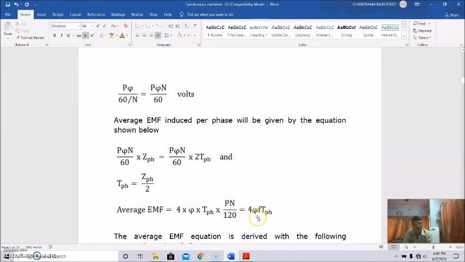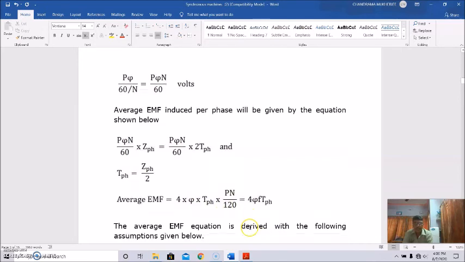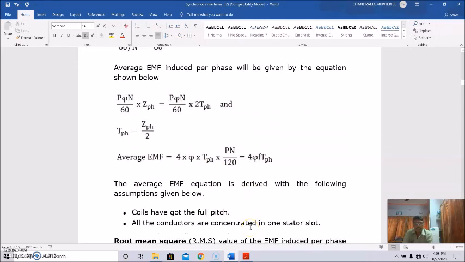So 4 phi f Tph. This is the average EMF equation we have derived.